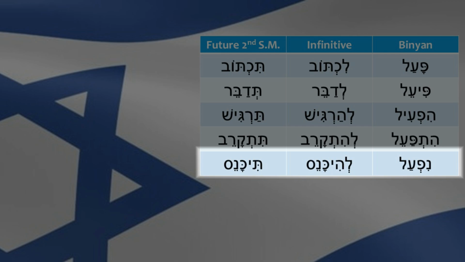Nif'al, infinitive, lehikanes, and the future is tikanes. I-a-e. And pu'al and huf'al do not have infinitive forms. So those were just examples from each binyan, and hopefully you could hear the similarities in the vowel patterns between the infinitive and the future.